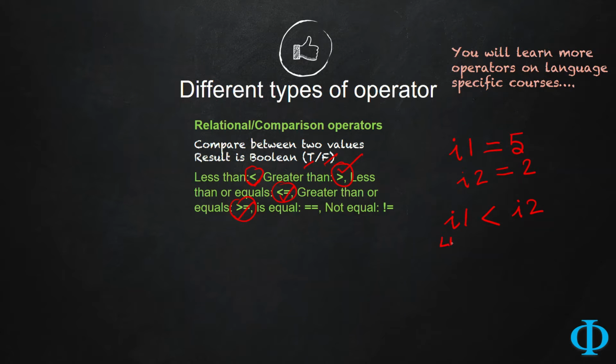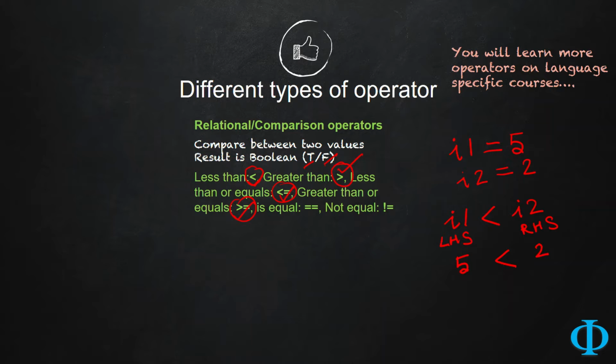I1 is the left hand side operand and I2 is the right hand side operand. So this expression will check whether the value of I1, that is 5, is less than the value of I2, that is 2.